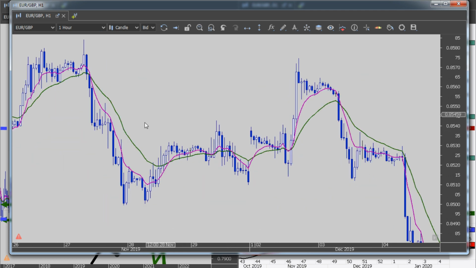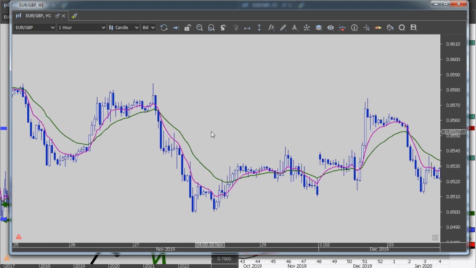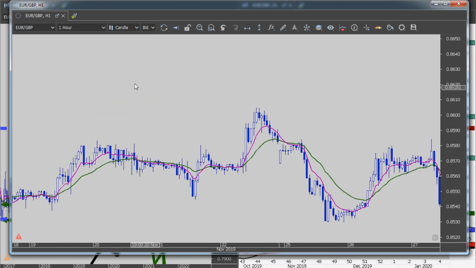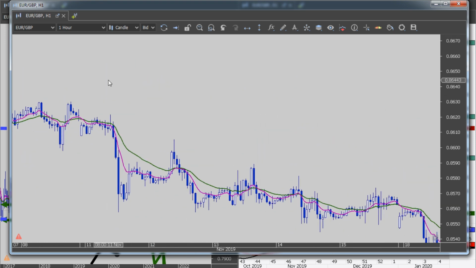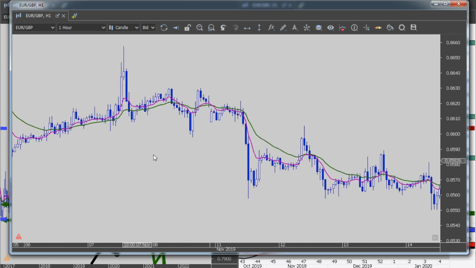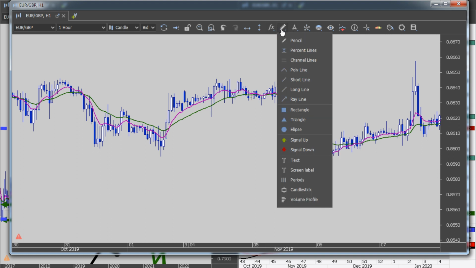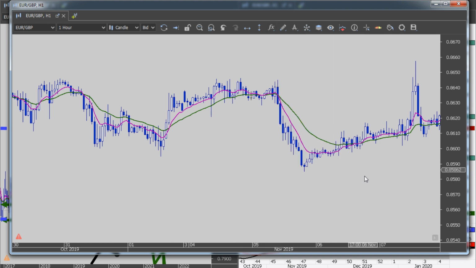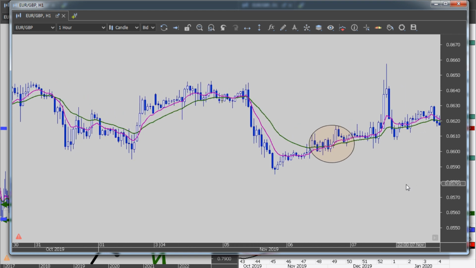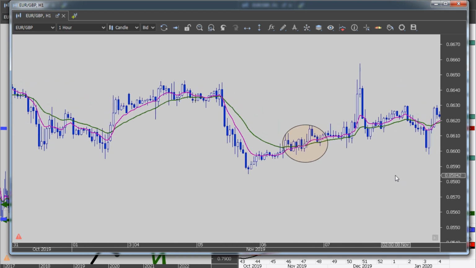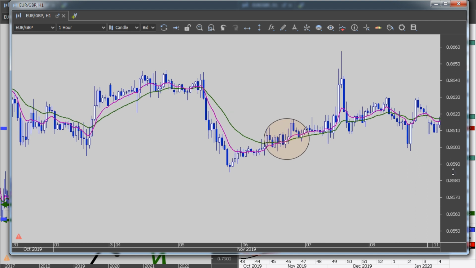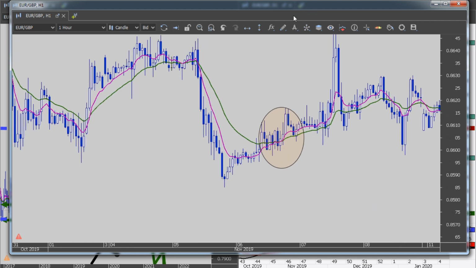Okay. So this is an example. We were in a downtrend, as you can see. Downtrend, downtrend, downtrend, right? But you see this, everybody. So it's just an example, right? You bought here, and you went to sleep, or you went to walk with your dog, or you went to work, whatever, you know.